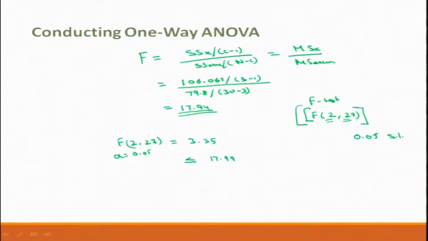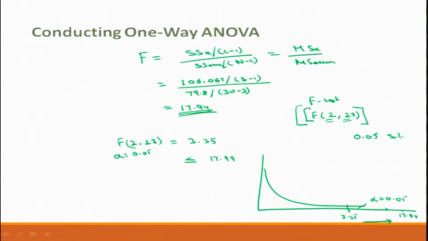Let me suppose my F distribution here would be something like this, and this is my alpha, alpha equal to 0.05, and this value here is 3.35, and my calculated F value is something very far, that is 17.94, far from my significance level here. So, this is in the rejection region.